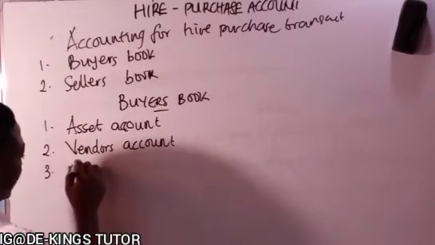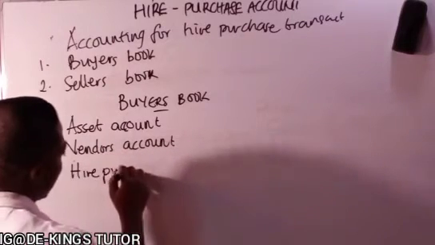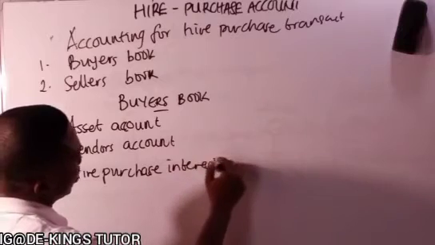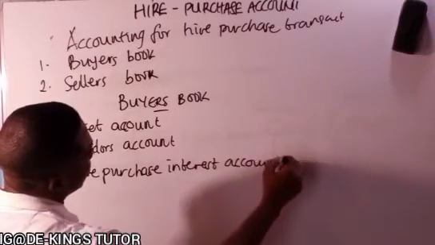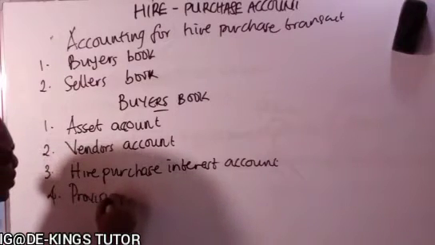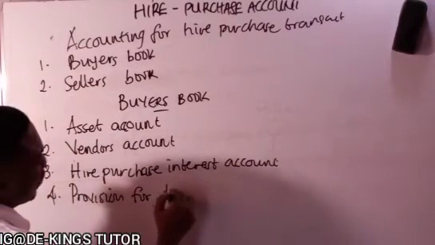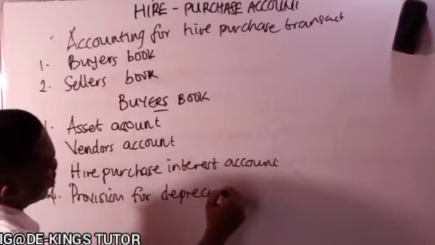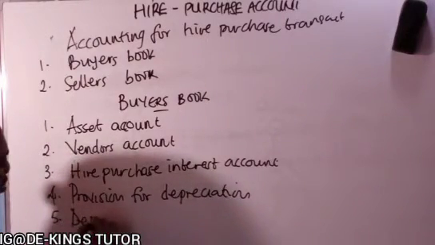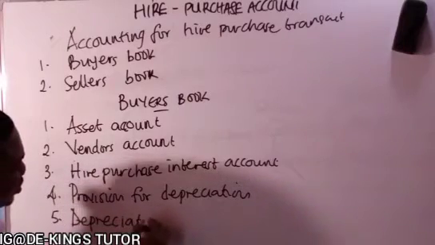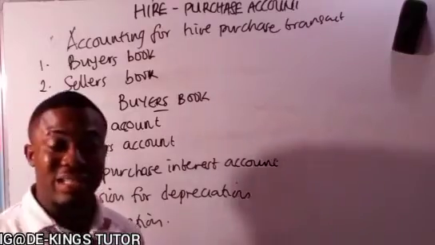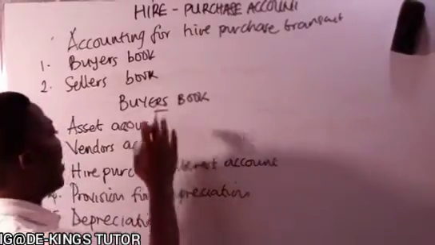The third one is the hire purchase interest account. The fourth one is the provision for depreciation. And the fifth one is the depreciation account. So these are the five accounts that are needed whenever you're preparing a buyer's book.